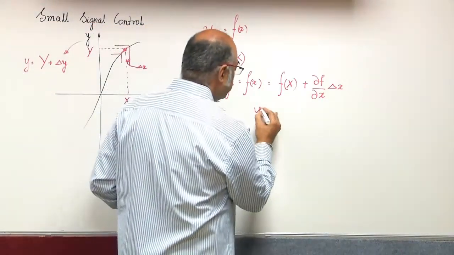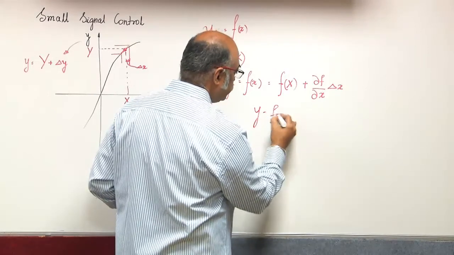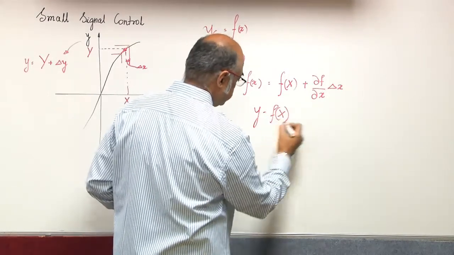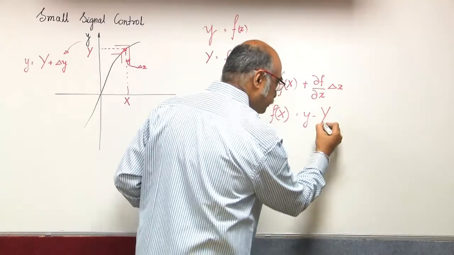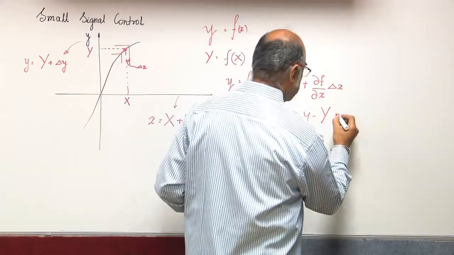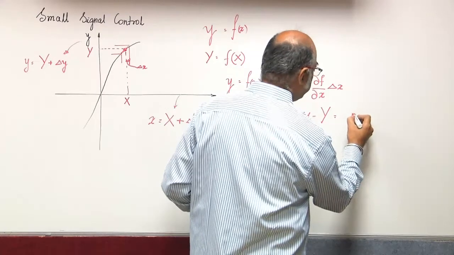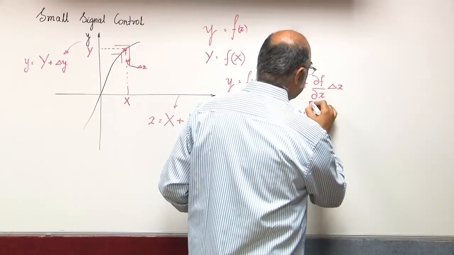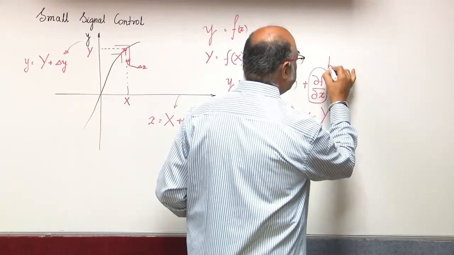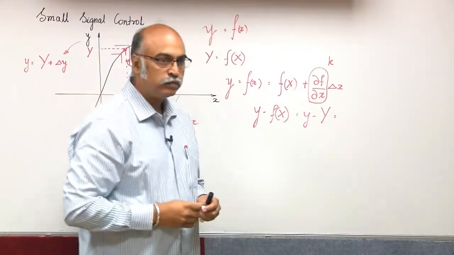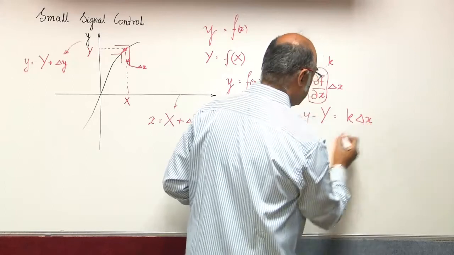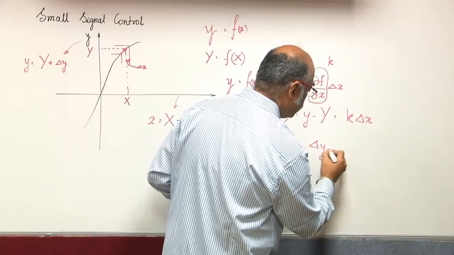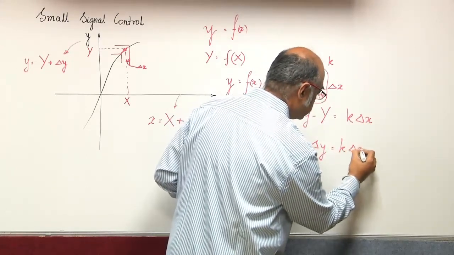So, this is nothing but y minus the result due to the operating point, which is some k delta x, or delta y is equal to k delta x.